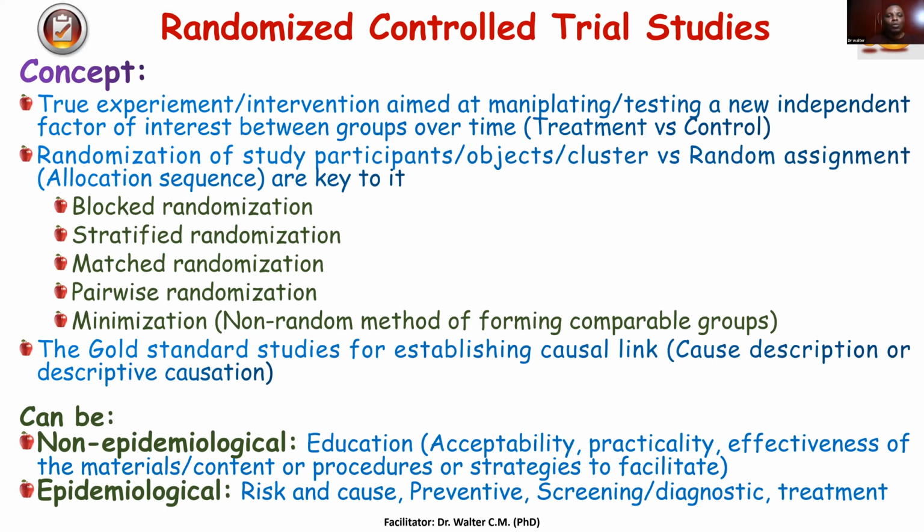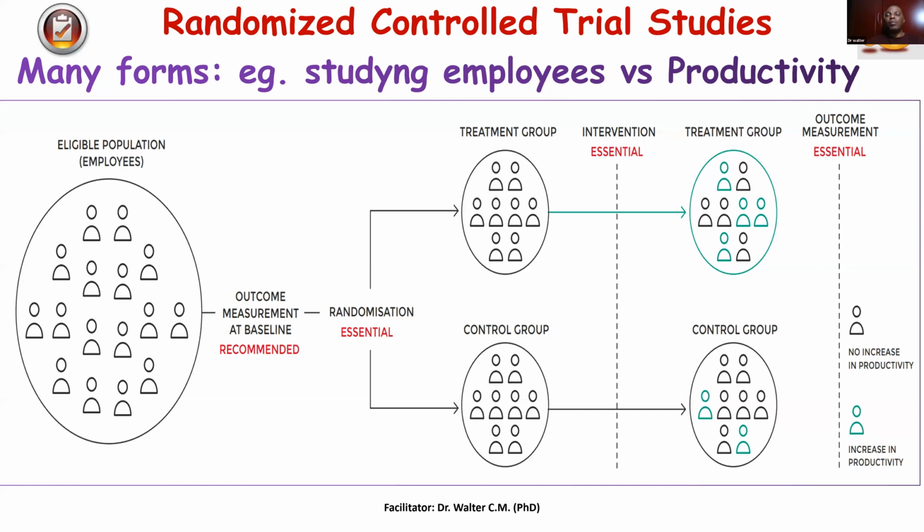See, that is randomized. And then you can perform a randomized controlled trial in a variety of designs or forms. See, you need to identify the eligible population, and then from there, through your inclusion and exclusion criteria, you need to measure them at baseline as a group, the eligible group.